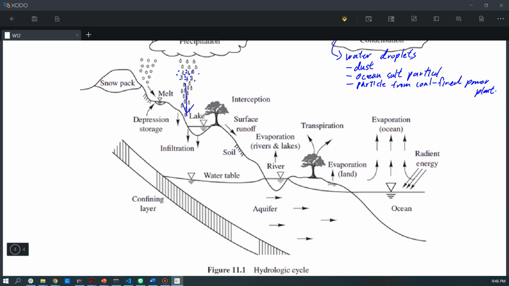Then those droplets will further become the runoff or intercepted by the tree leaves, and they will wash down the pollution that's on the surface of the leaves or wash out the pollution particles at the surface of the ground.